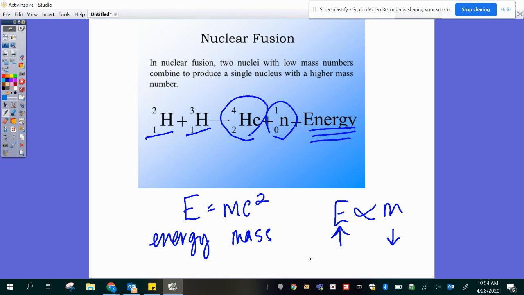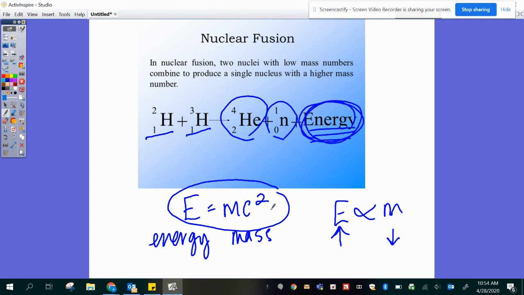And this is something that kind of goes contrary to what we think, because we know that the amount of mass is conserved and the amount of energy is conserved. But this idea here of relativity, or of mass energy equivalence, shows us that we can lose some mass like we do here, and that mass turns into energy.